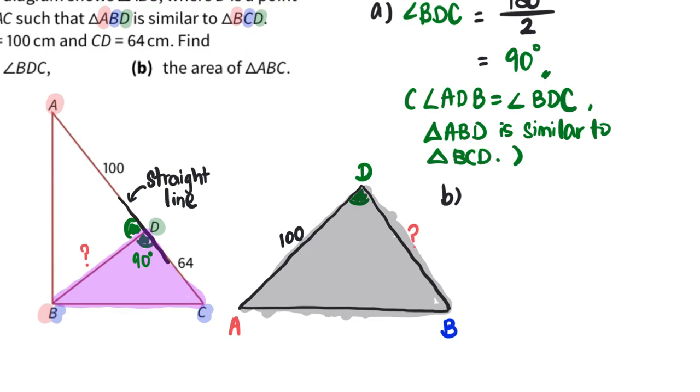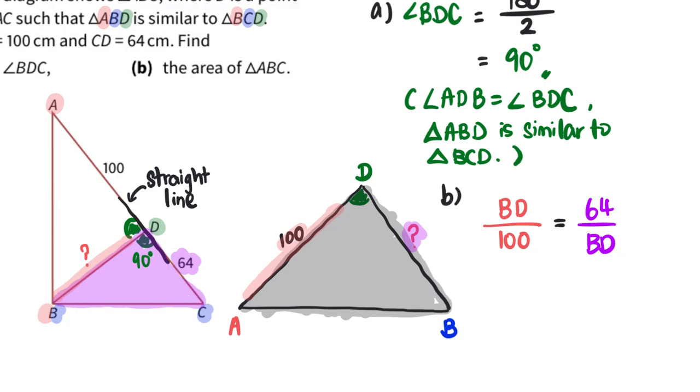I'm going to make use of the fact that they are similar triangles. The ratio of the sides has to be the same, meaning my BD divided by 100 and my 64 divided by this BD, the ratio is the same.